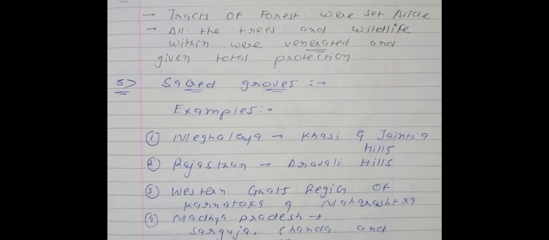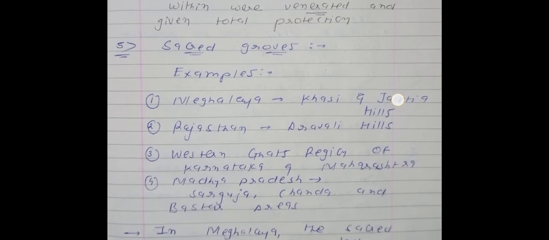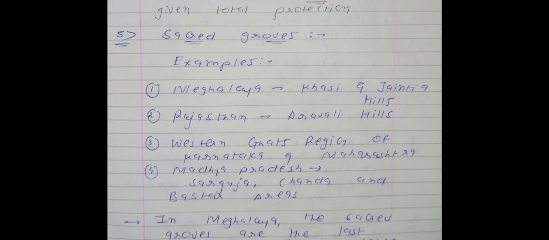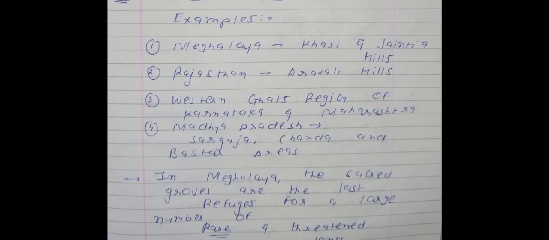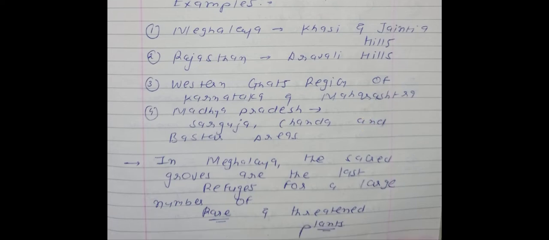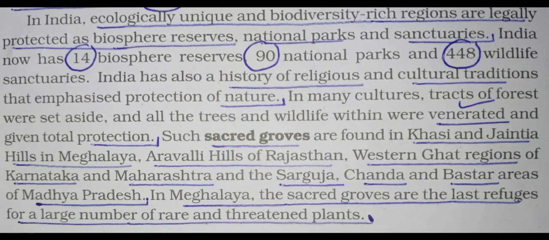Then in point number 5, the states with examples: Meghalaya, Khasi and Jaintia hills; Rajasthan, Aravali hills; Western Ghats in Karnataka as well as Maharashtra; then Sarguja, Chanda and Bastar areas in Madhya Pradesh. And last point: in Meghalaya, the sacred groves are the last refuge for a large number of rare and threatened plant species. So part number 2 of this question is also completed, and now we will read this from your textbook.